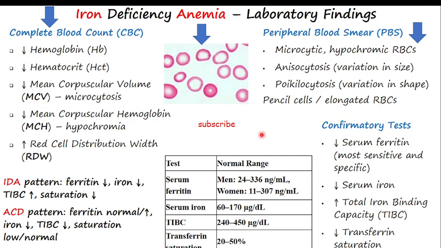So you may wonder about the confirmatory test. You can do serum ferritin, which is the most sensitive and specific, and is decreased. There is decreased serum iron, as we are talking about iron deficiency anemia, but total iron binding capacity is increased. Why? Because there is no iron.